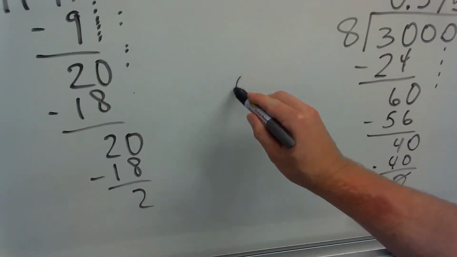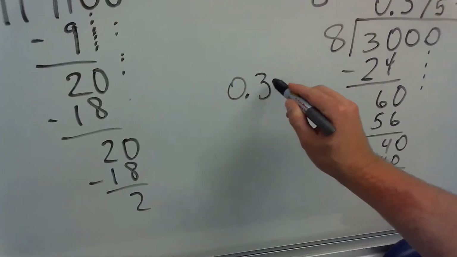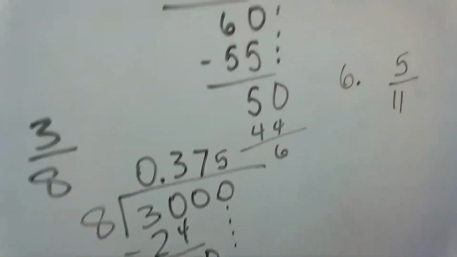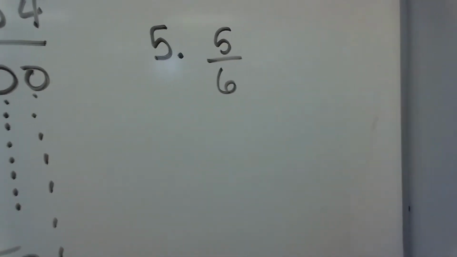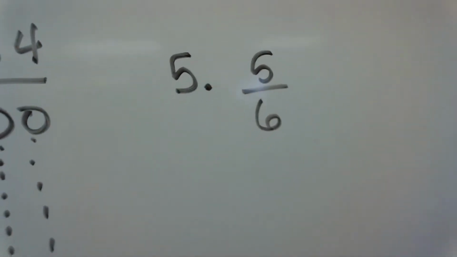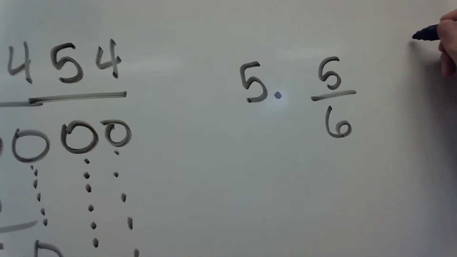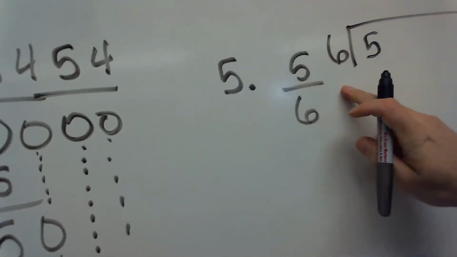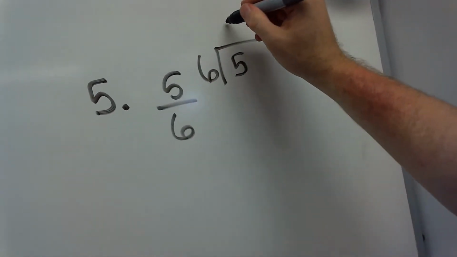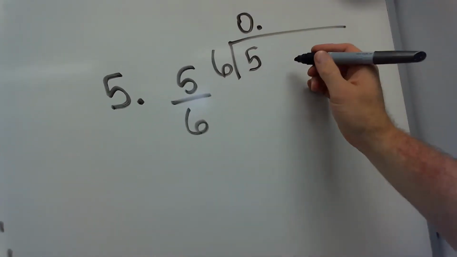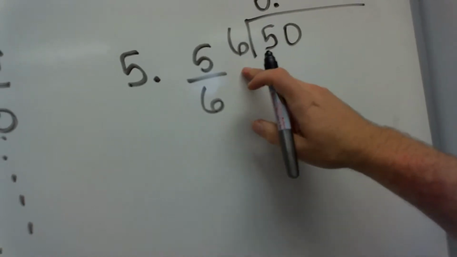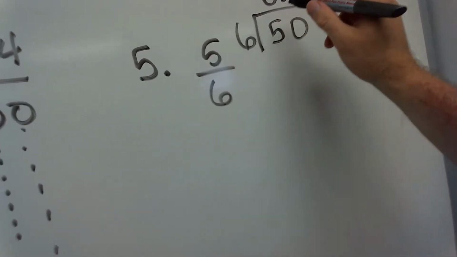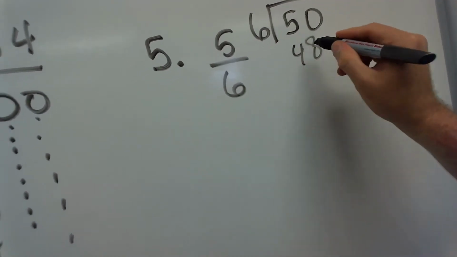3/8 is equal to 0.375 as a decimal. Next, problem number 5. We have 5 divided by 6. 6 does not go into 5. Add a 0, add a decimal point, add a 0. 6 goes into 50 8 times. 6 times 8 is 48.